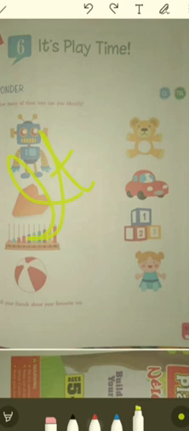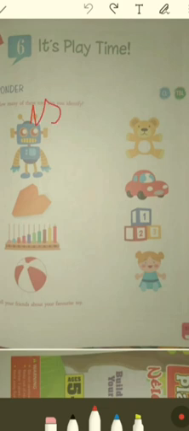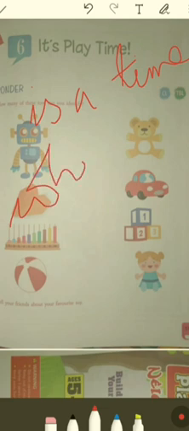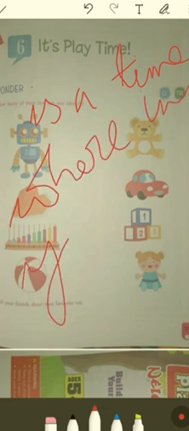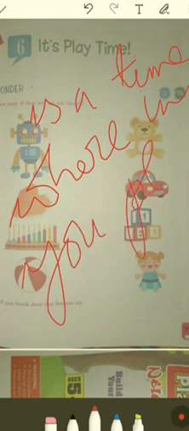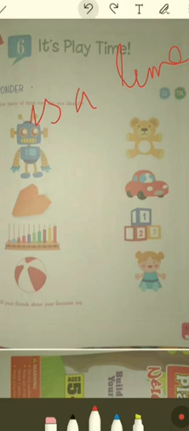Playtime is a time wherein you play with toys or physical games like football, cricket, etc. Clear?